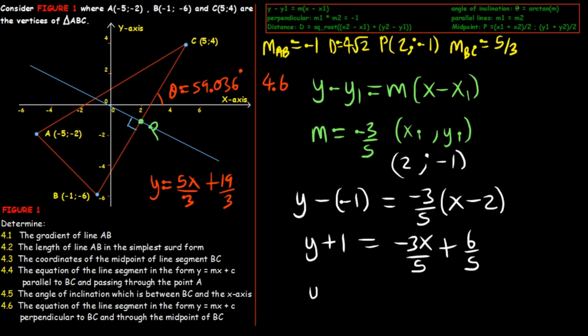Then we place like terms together: negative 3x over 5, then plus 6 over 5, then minus 1. Minus 1 is just the same as 5 over 5. Then this will leave us with 1 over 5. And as the question said, we should leave this solution in the form y is equal to mx plus c. So we have solved the problem.